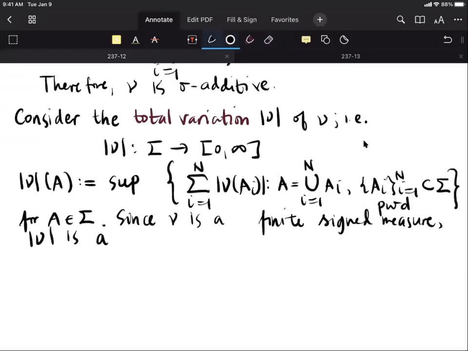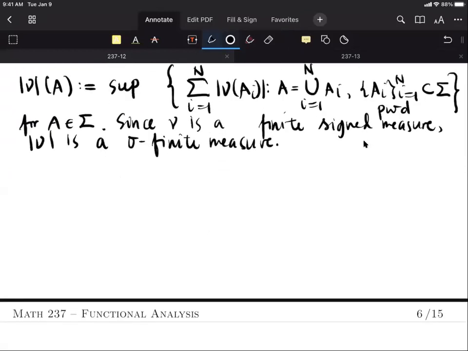So we wish to show that this total variation is absolutely continuous with respect to mu.